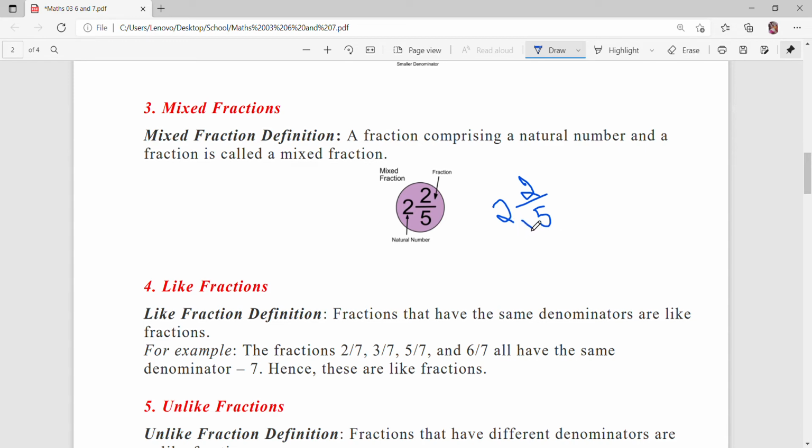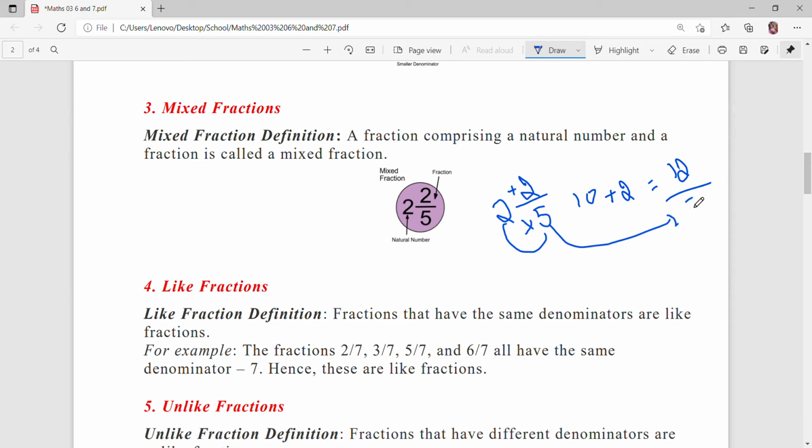Put a multiplication symbol here, and between them put an addition symbol. 5 2s are 10. And 10 plus 2 is 12. And the denominator stays as it is.